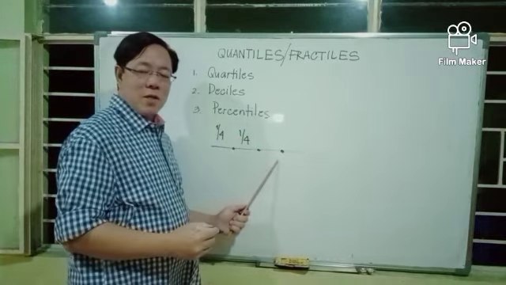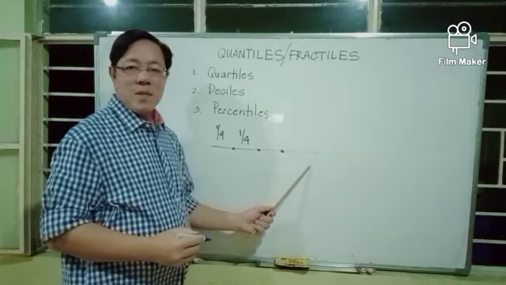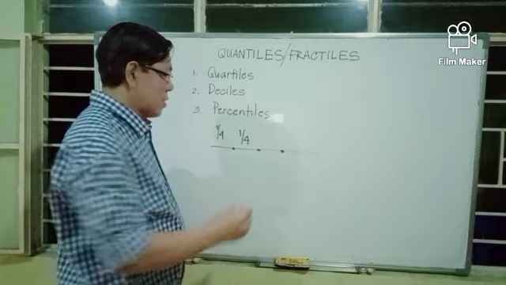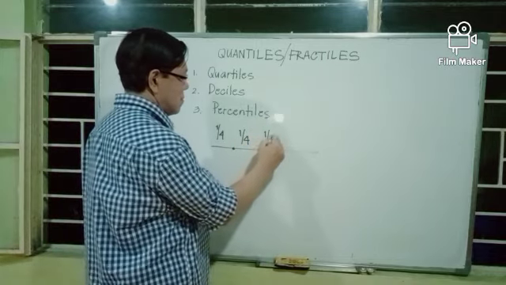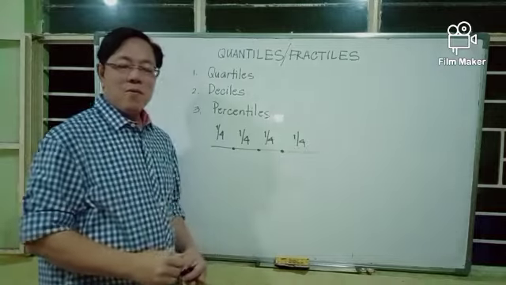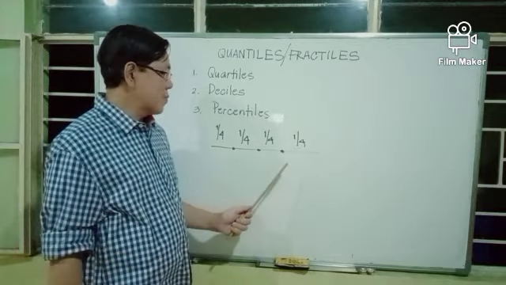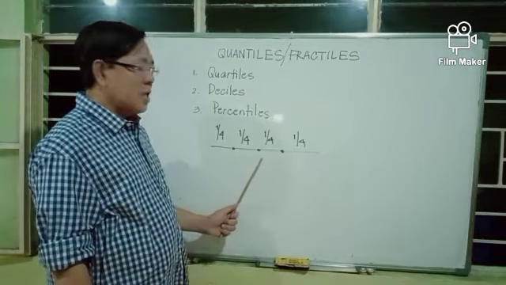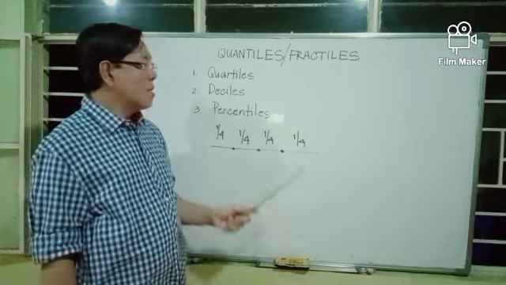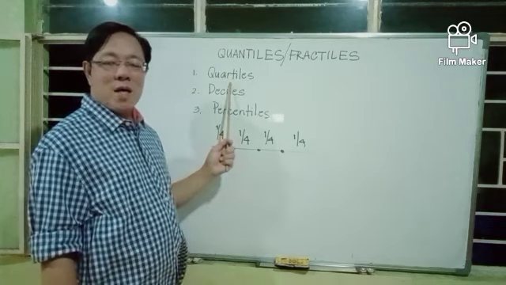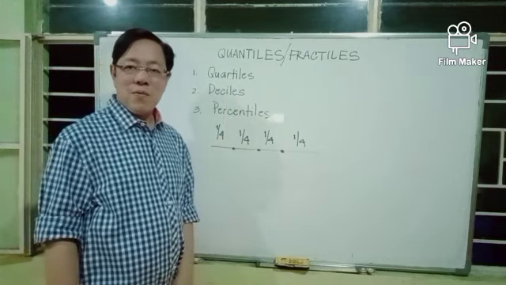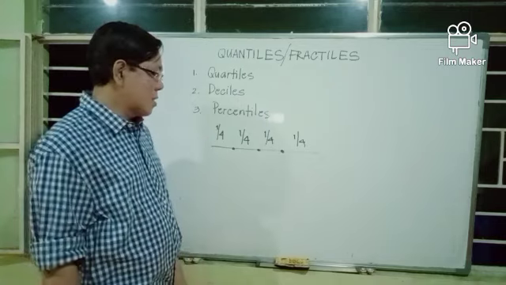And so this third equal part and the fourth equal part, each is 1/4 of one whole. So we need 3 points to cut one whole into 4 equal parts. That's why the first set of quantiles is known as quartiles, for 4 equal parts.